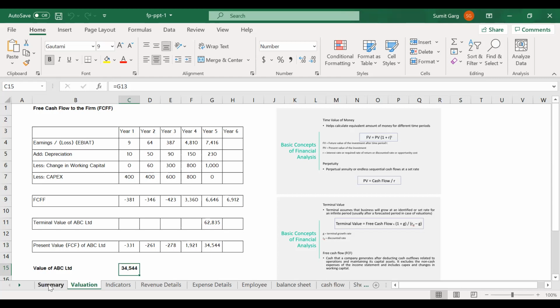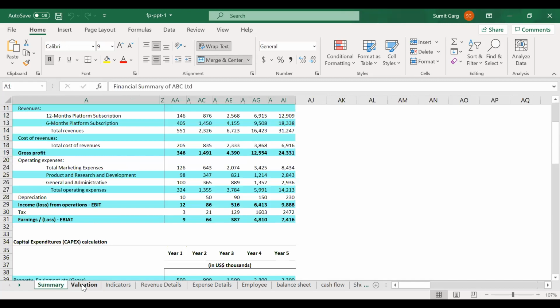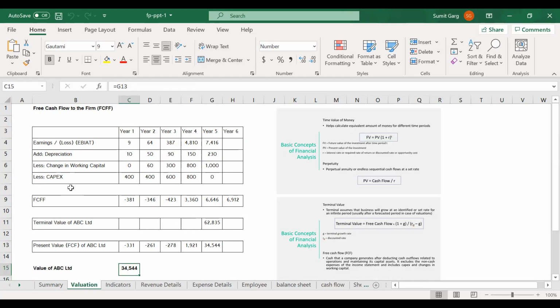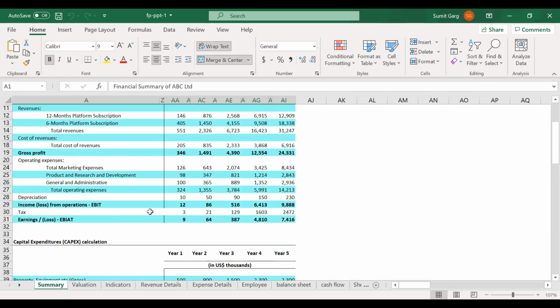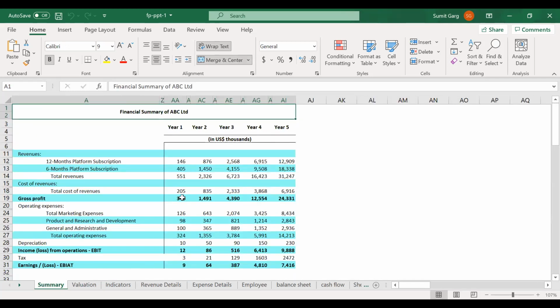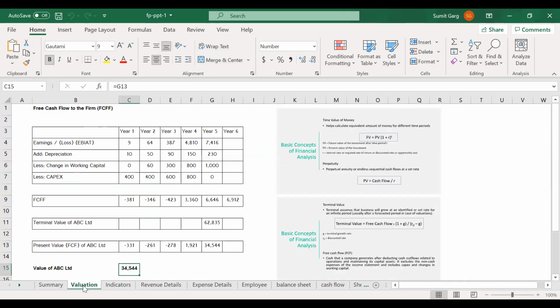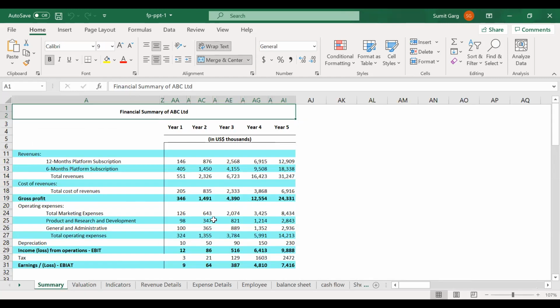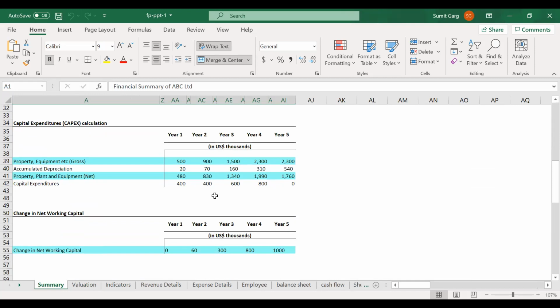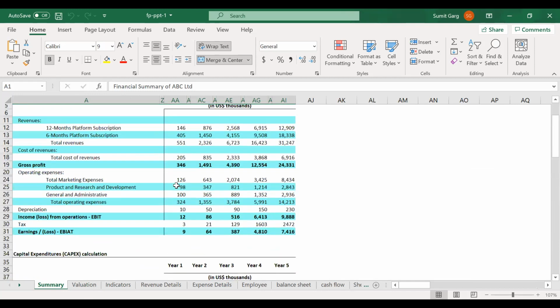Now, what is very important is that you must understand this entire valuation exercise, and also your entire income statement, so that you yourself can analyze further in case any of these indicators change, or if any of these forecasts change in terms of your sales, your expenses, or your capital expenditure, or anything like that.